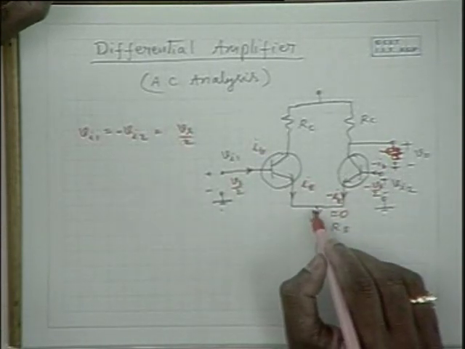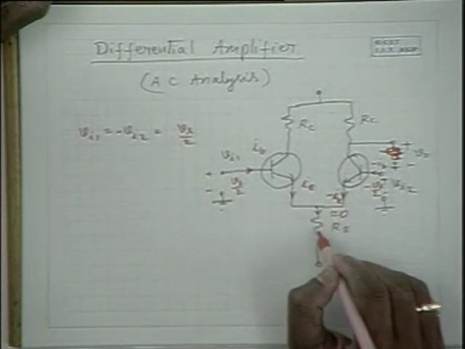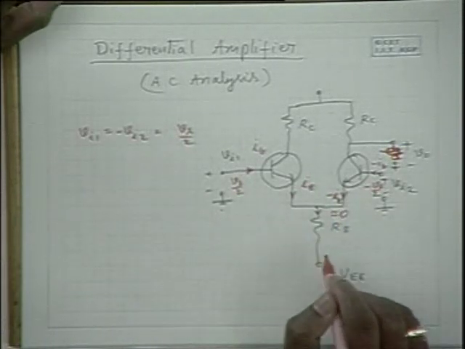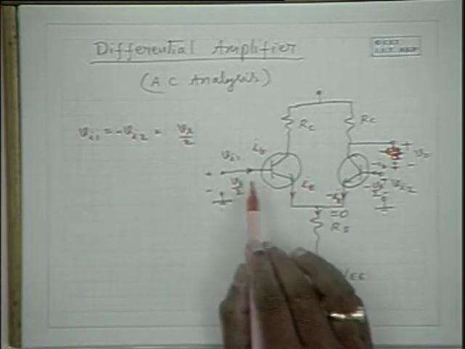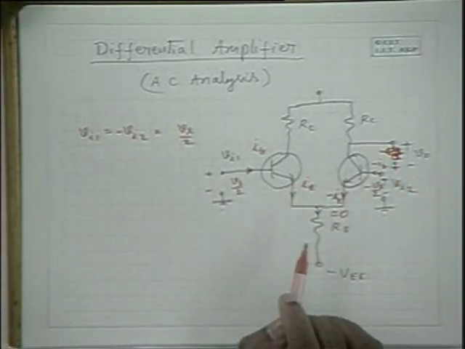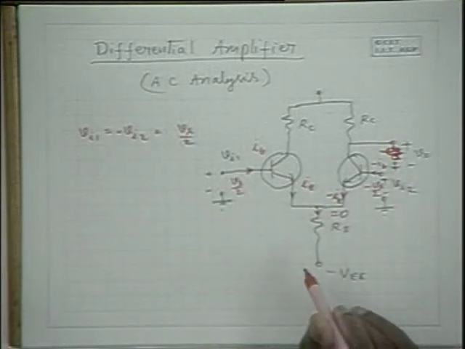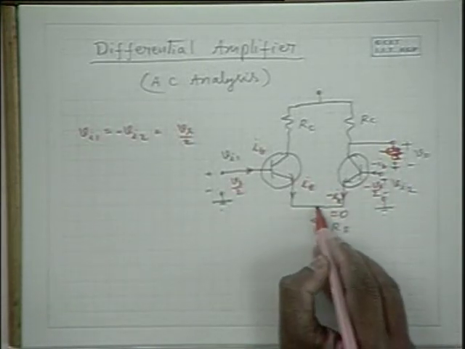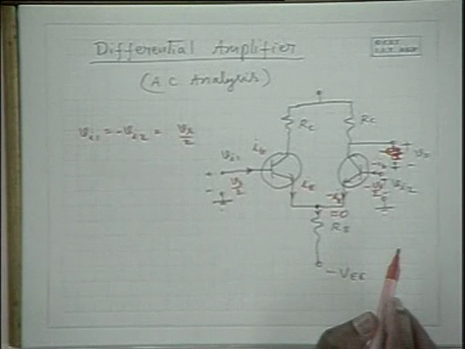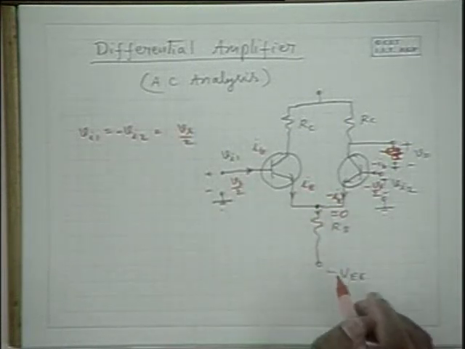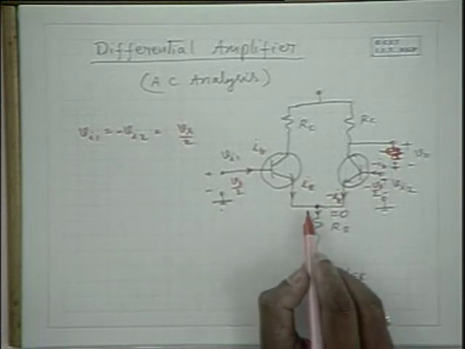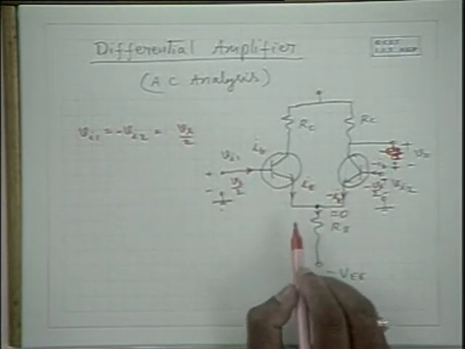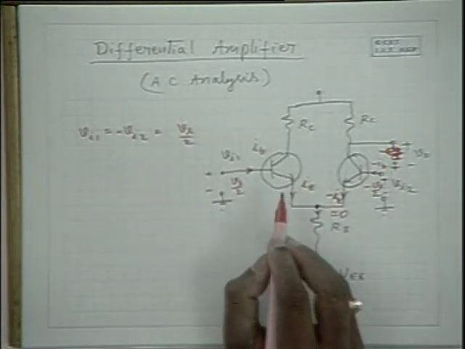Hence, the biasing current flowing through RE is what appears even after connecting the sources here. That means there is no change in the potential at this point because there is no alternating component here. So this one appears at a fixed voltage.